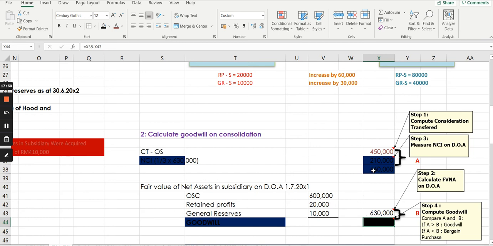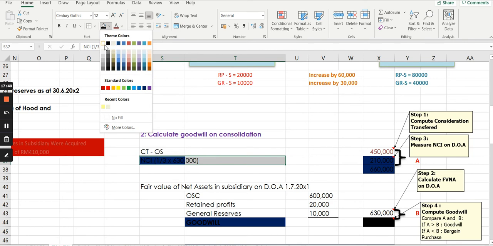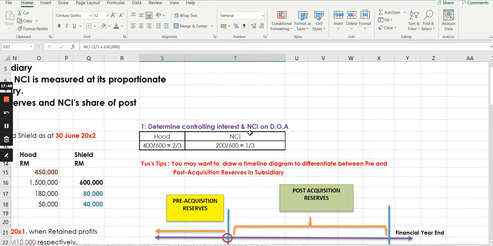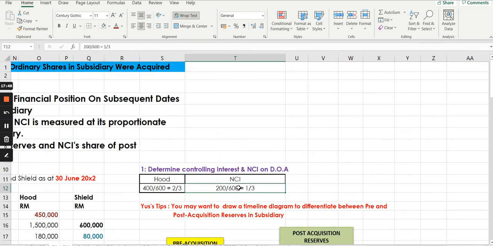Right? So the next step, step number 3, is to measure the non-controlling interest. So how do you measure? You're going to take the percentage held by the non-controlling interest, which is 1/3. Where do we get 1/3 from? From our workings here.